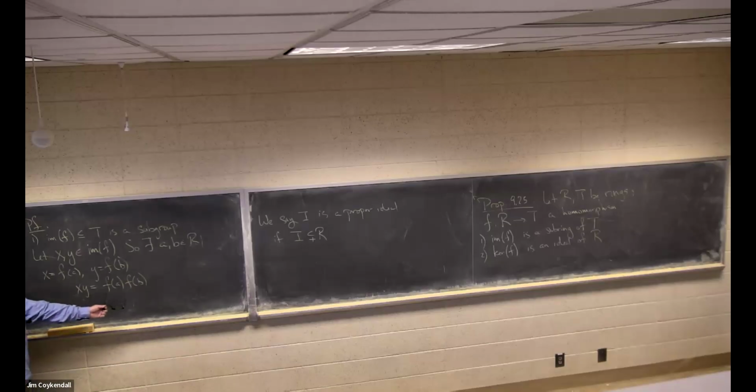And what mathematical prestidigitation can I pull now? What is true about f of a times f of b? It's f of ab, because f is a homomorphism.